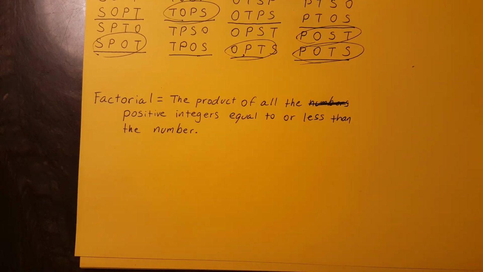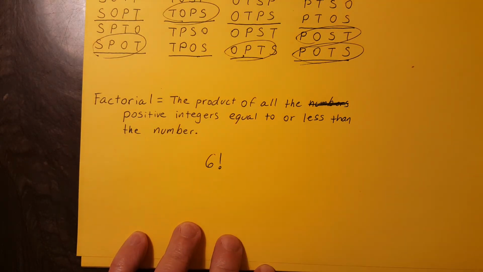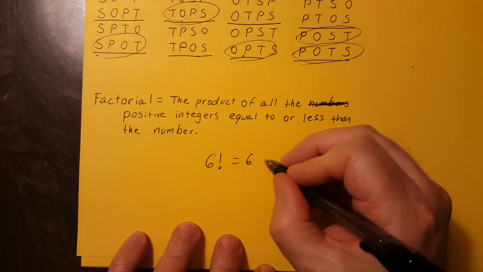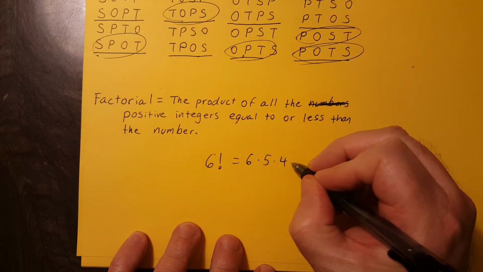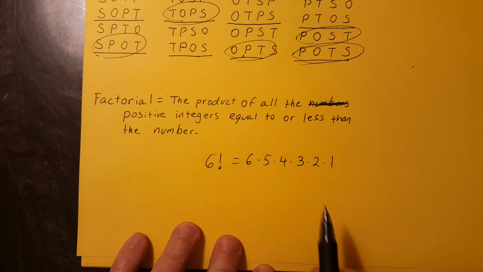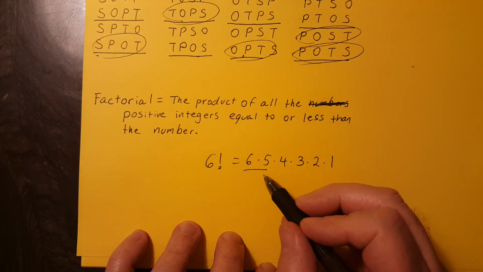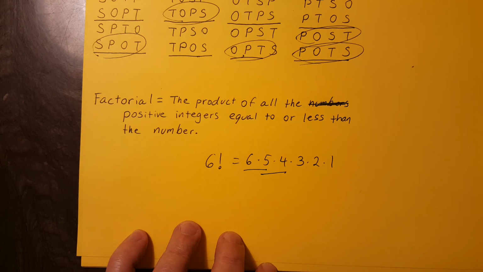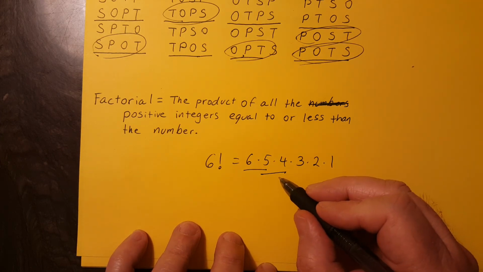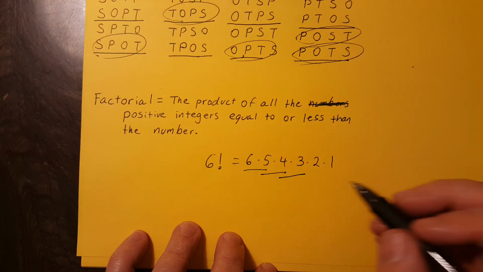All right, so how do you find the factorial for something like 6? Okay, well, you know it means 6 times 5 times 4 times 3 times 2 times 1. It's not too bad. Some of you can probably do this in your head. 6 times 5 is 30. 30 times 4 is 120. 120 times 3 is 360.